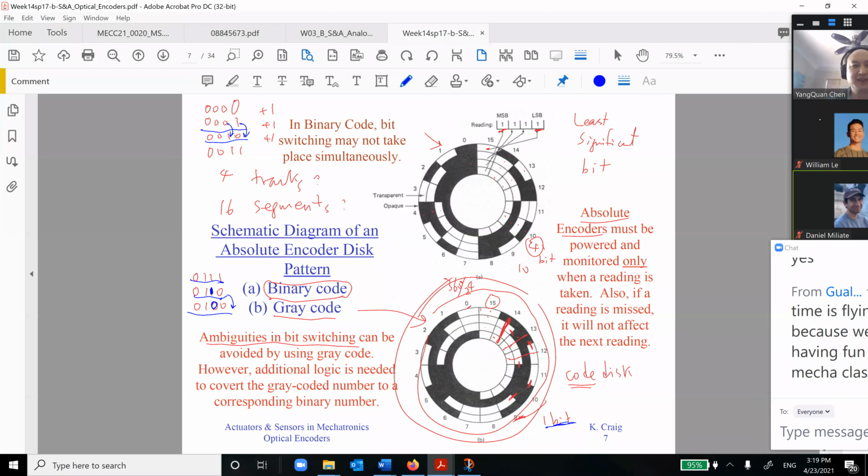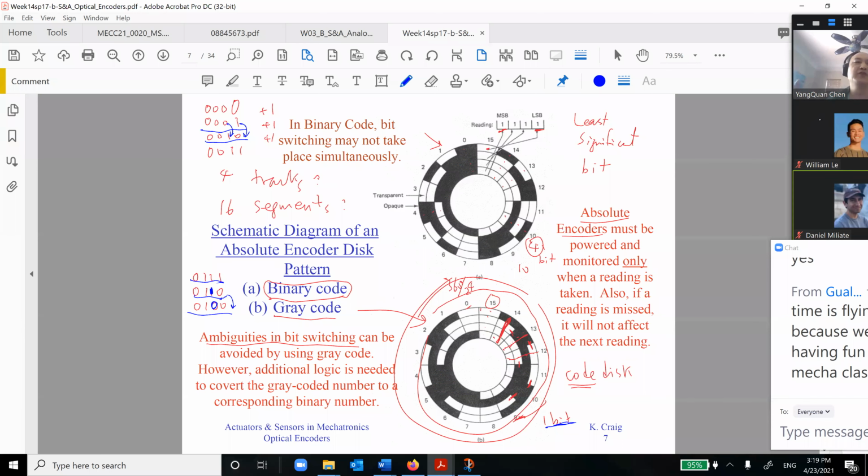So actually you have multiple segments and multiple tracks. So this is called an absolute encoder. Absolute encoder. So for you, you go to any place, any angle, then your angle is different.